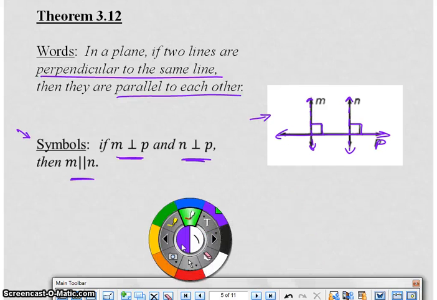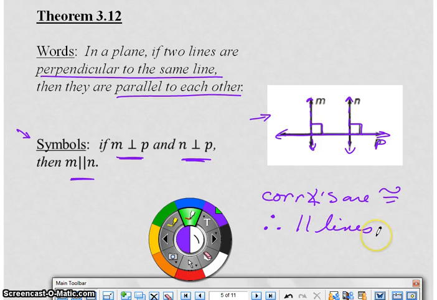You can also go back and use your corresponding angles postulate to help you with that. If you remember from last time, we said that if corresponding angles are congruent, then we have parallel lines. And that's really the same thing that's happening here.